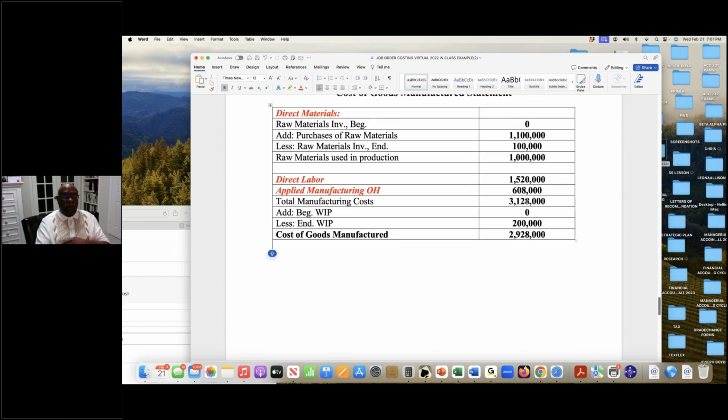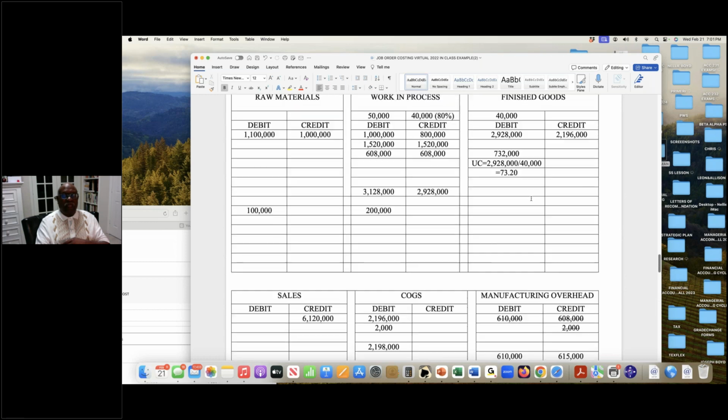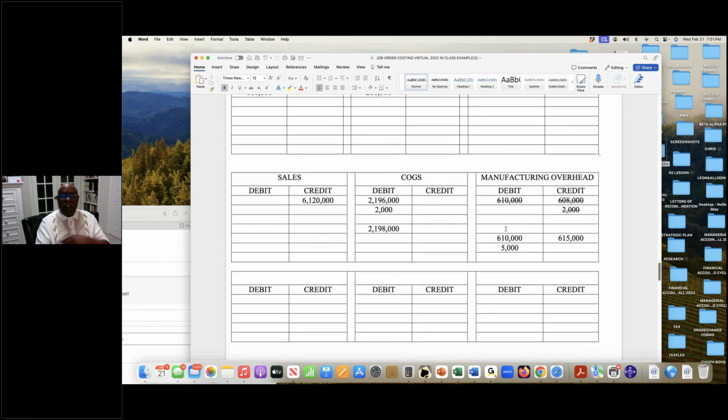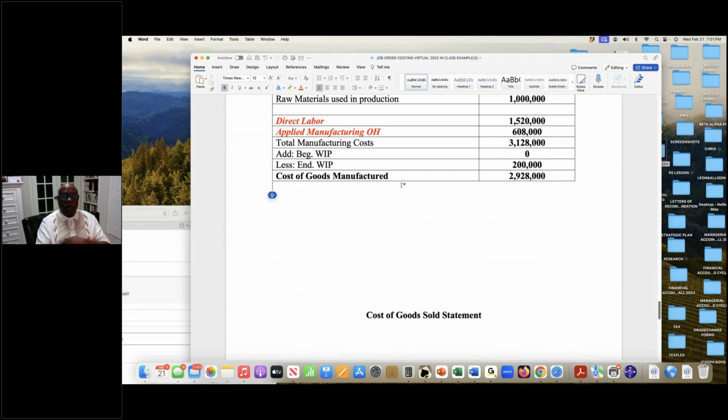Your T account has all the information you need. Total cost in the inventory, and what's transferred out. It has it there. So if your journal entries are right and that T account is there, then you're in good shape. Any questions?